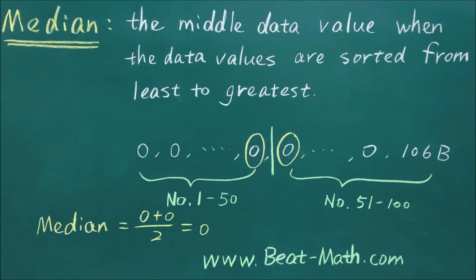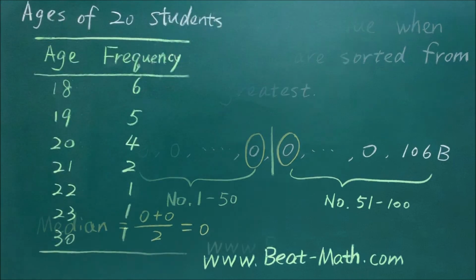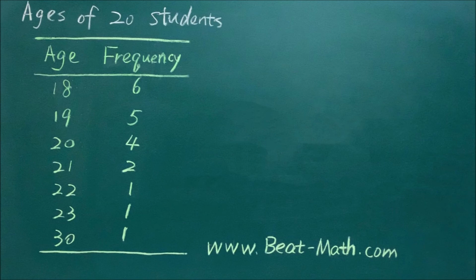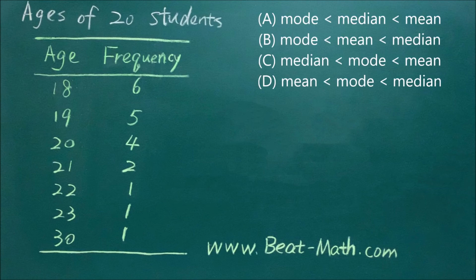Okay, let's do one more example to practice these three concepts. This table shows the distribution of ages of the 20 students enrolled in a college class. Which of the following gives the correct order of the mean, median, and mode of the ages? Let's start with the simplest one, the mode.